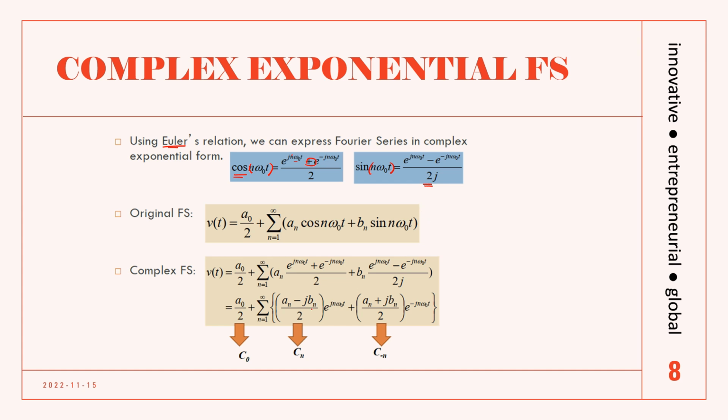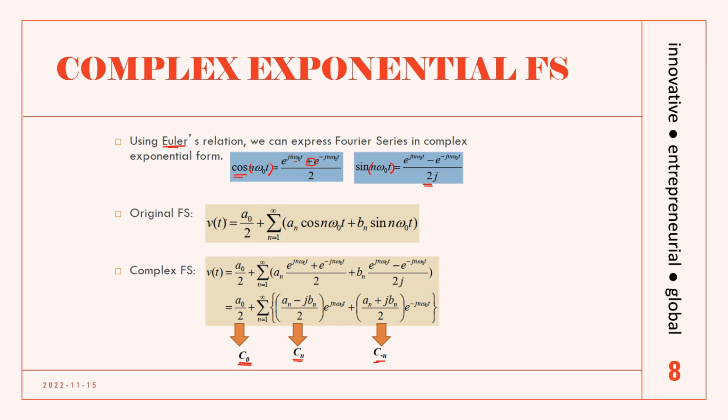If you want to use that Fourier coefficient table, you need to identify this first: the component of C naught, the component of Cn, and the component of C minus n. How to determine these components is based on this Euler's theorem.